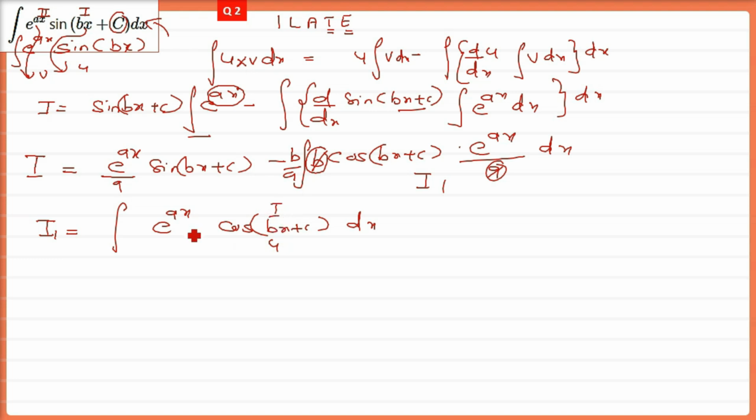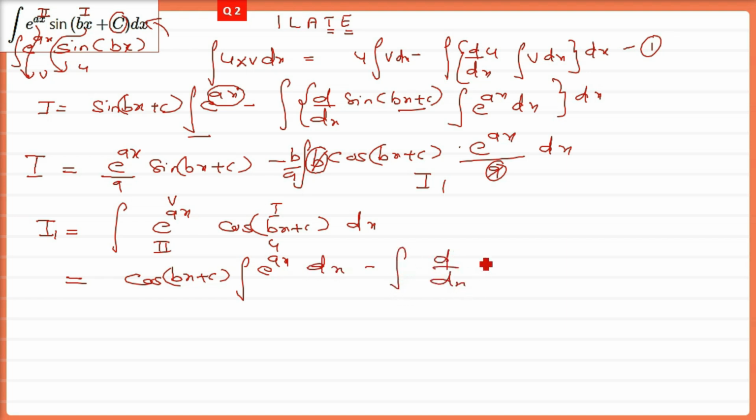So this I1 has u as cos bx plus c, v as e raise ax. That is, the first function we will take as per ILATE. First function will be cos bx plus c, second function will be e raise ax. So this will be cos bx plus c, the first function, times the integration of e to the power ax, minus the integration of d by dx of cos bx plus c times the integration of e raise ax with respect to dx.